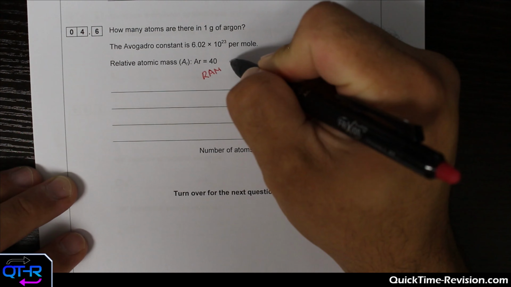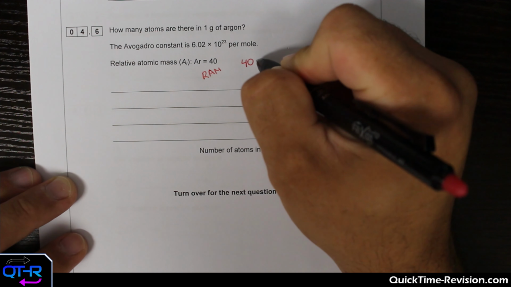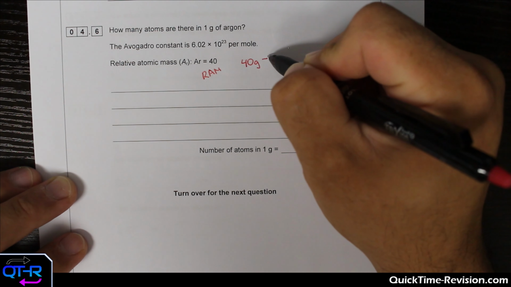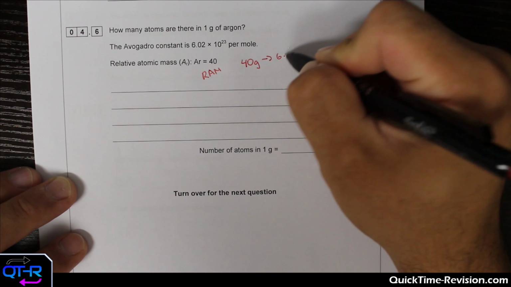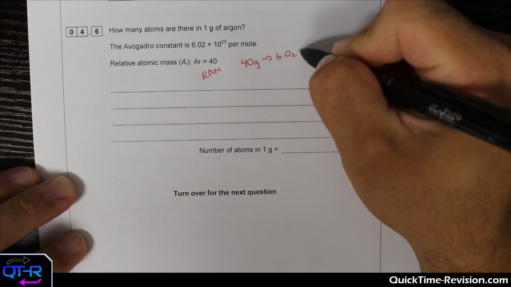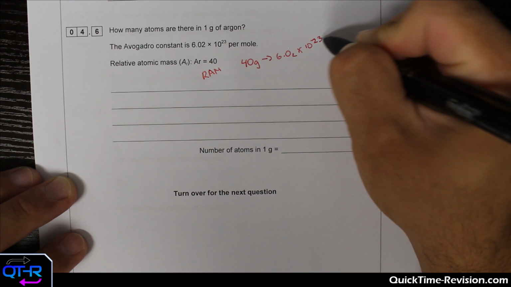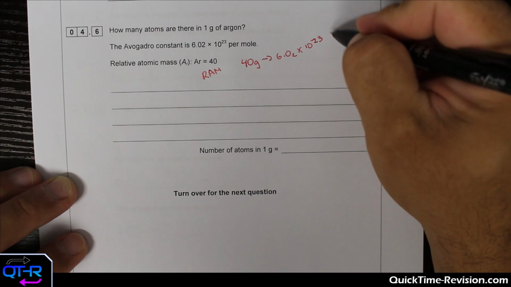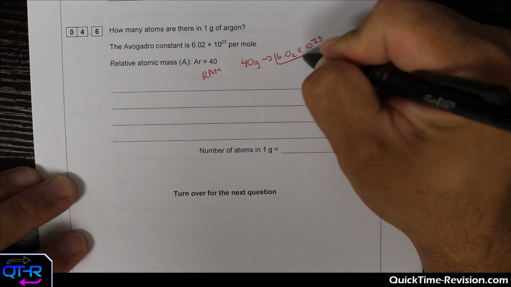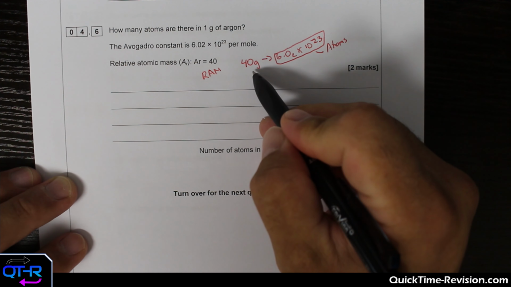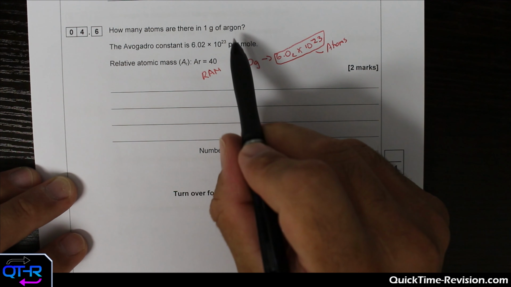Which means that if I had 40 grams of argon, in there there are going to be 6.02 times 10 to the power of 23 atoms. That is how many atoms I'm going to have if I have 40 grams of argon.